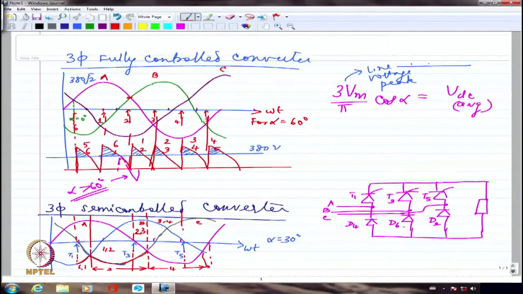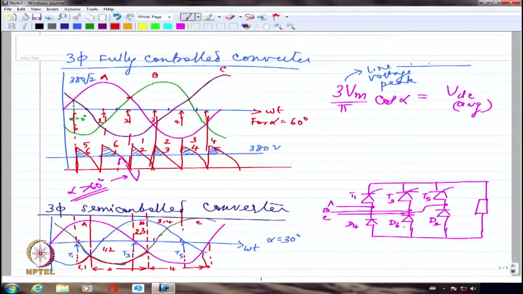Please note, each pair is not conducting for a 60-degree duration. This is a much smaller duration, only 30 degrees, and between these two the duration is 120 degrees. So if 30 degrees is gone here, the rest of 90 degrees is for 1 and 2. When 1 and 2 are conducting, they conduct for 90 degrees, whereas when 6 and 1 are conducting, they conduct only for 30 degrees.